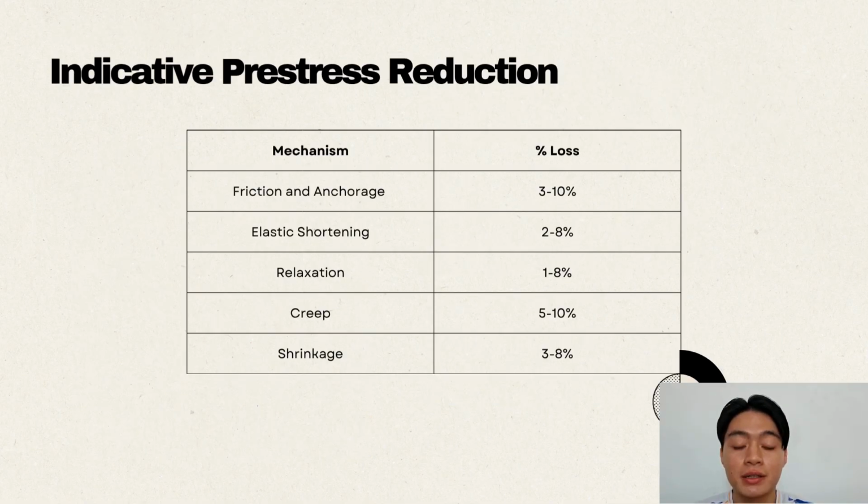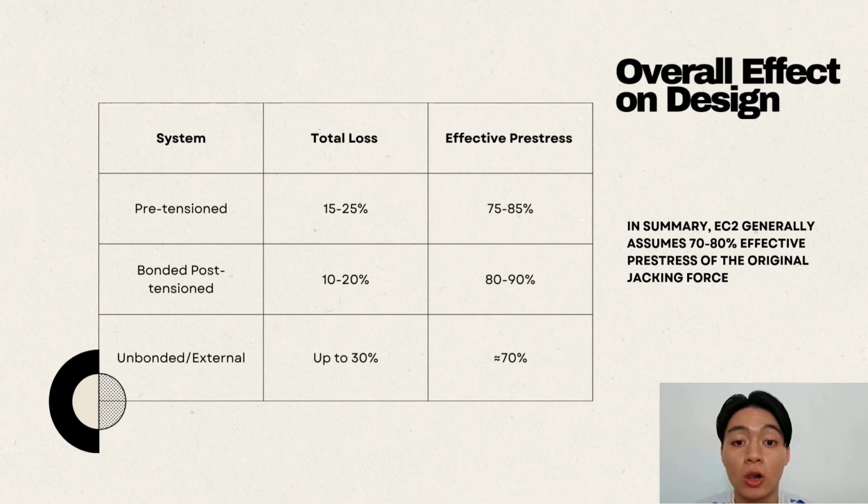Friction and anchorage typically reduce the force by 3 to 10%, elastic shortening 2 to 8%, relaxation 1 to 8%, creep 5 to 10%, and shrinkage 3 to 8%. Altogether, the total loss is usually 15 to 25% for pre-tension members, 10 to 20% for bonded post-tensioning, and up to 30% for unbonded tendons. Hence, Eurocode 2 designs generally assume an effective pre-stress of about 70 to 80% of the original jacking force.